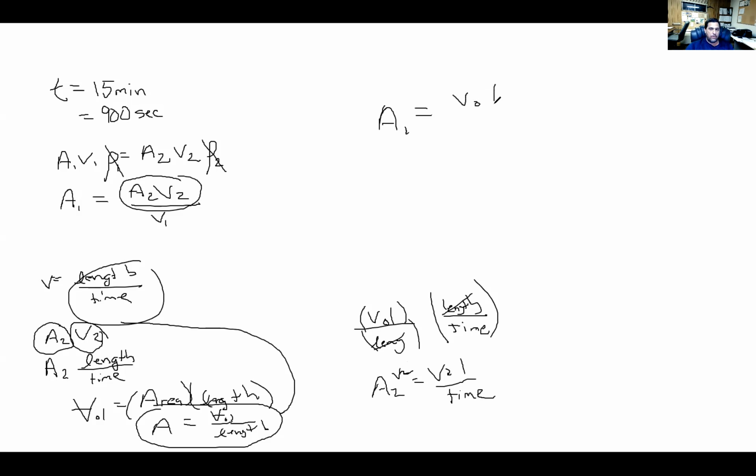A2V2 is now the volume per time of the room. So A1 is now volume per time, which is this A2V2, divided by V1.